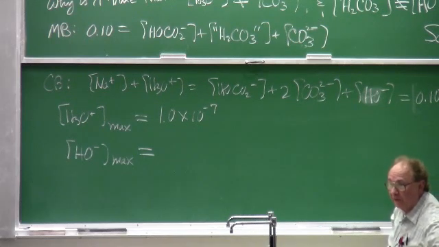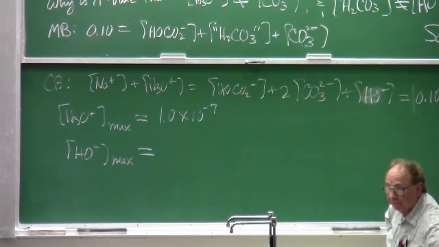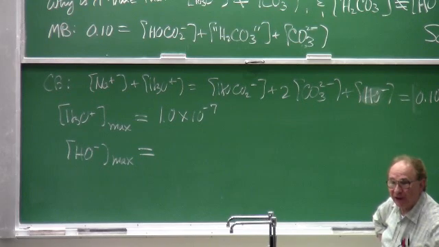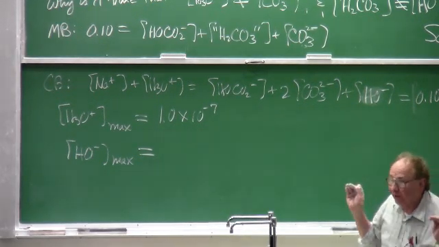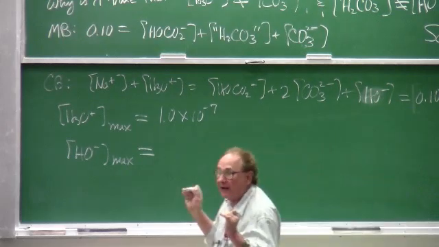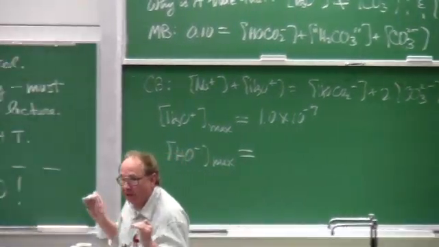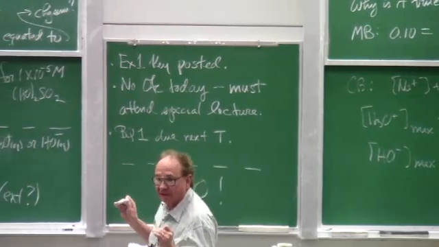Take the square root of Kb multiplied by what? By what? Yeah. Then I'll apply x squared over M sub I minus x to Kb. I know that's not going to give me the right hydroxide ion concentration, but I know it's got to give me the upper limit value for the hydroxide ion concentration.